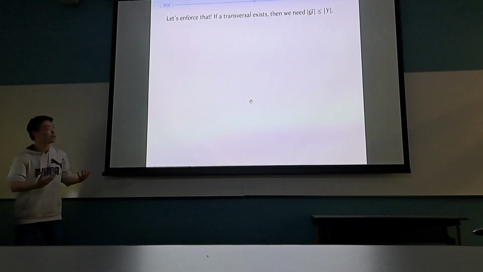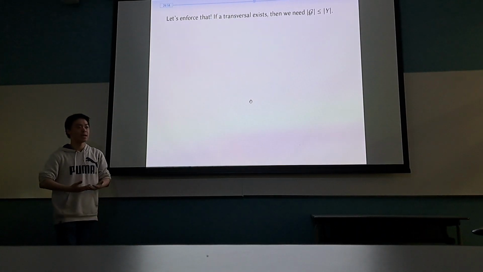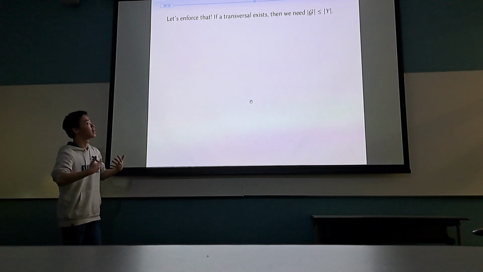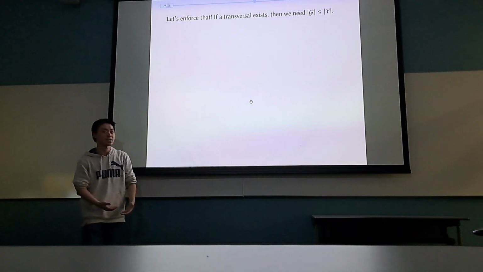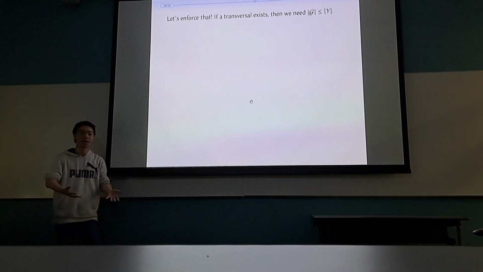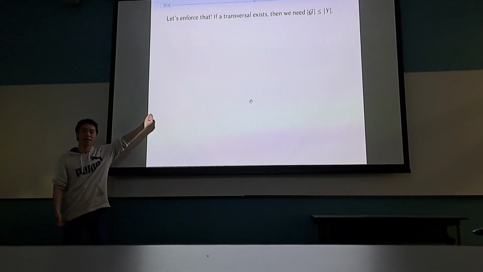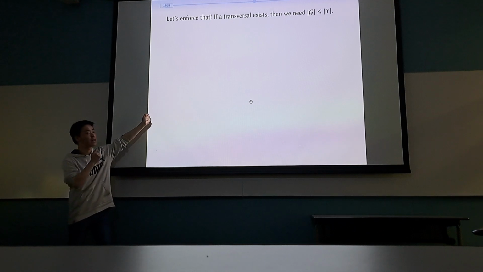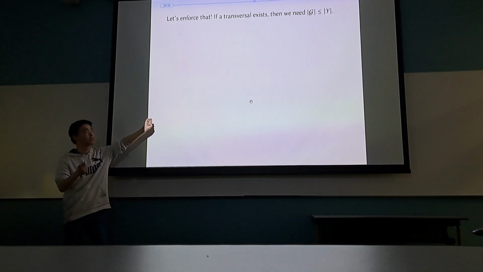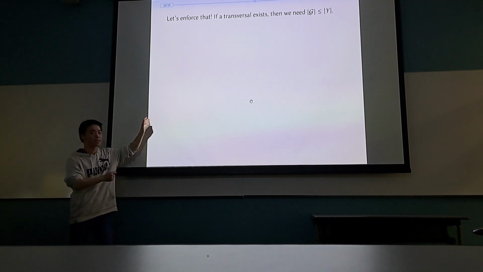One easy way to say a transversal exists is, well, I need to have enough elements to begin with, right? For each of my sets, I need at least one of my elements to be in my set.